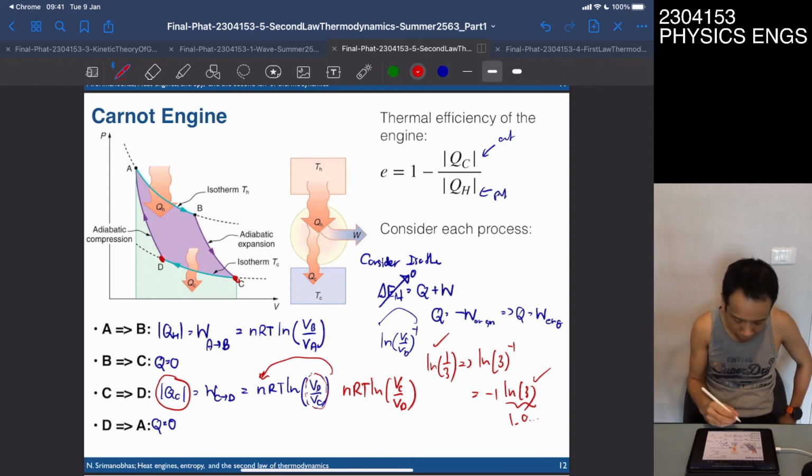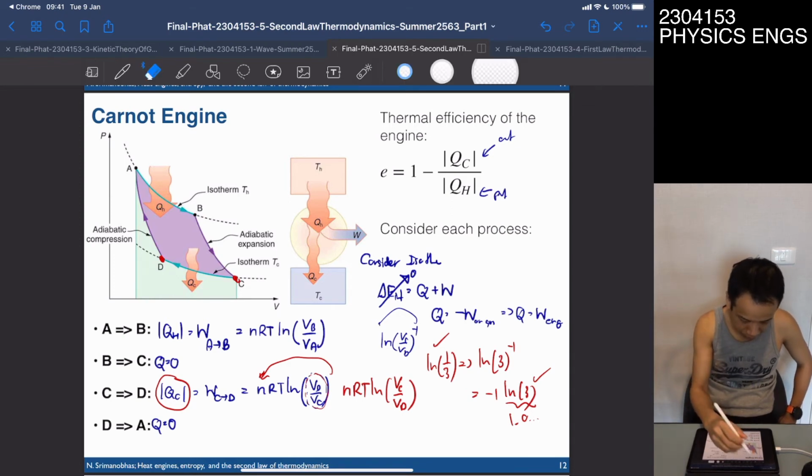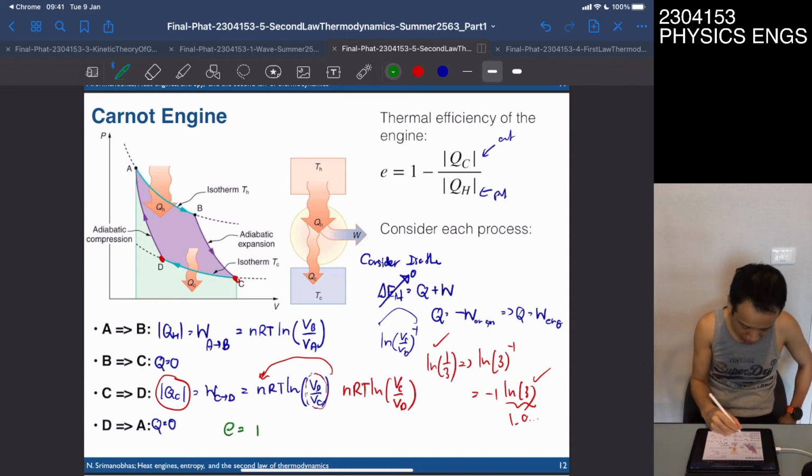So at the end, you're going to have the efficiency. So 1 minus, I take out the nRT. I'm sorry, nR, not T. The T is T hot, this is T cold. So I take only the nR out, and it cancels.